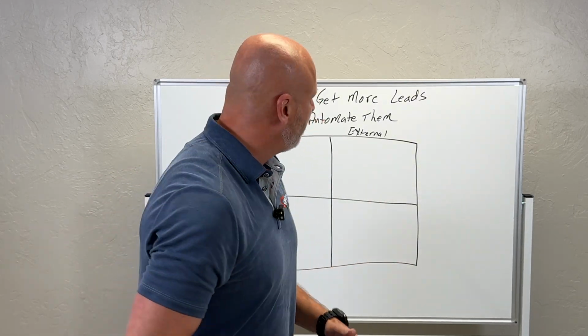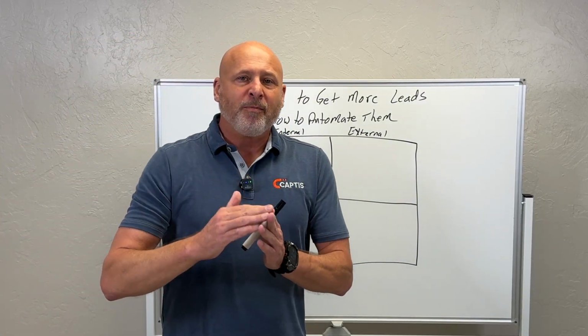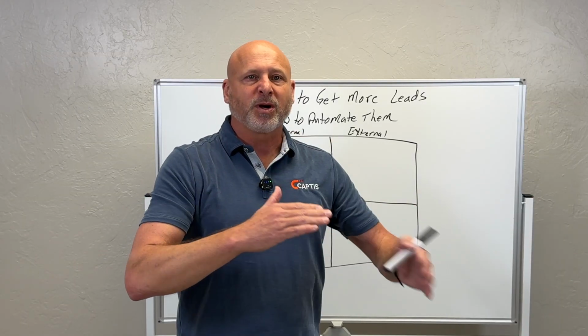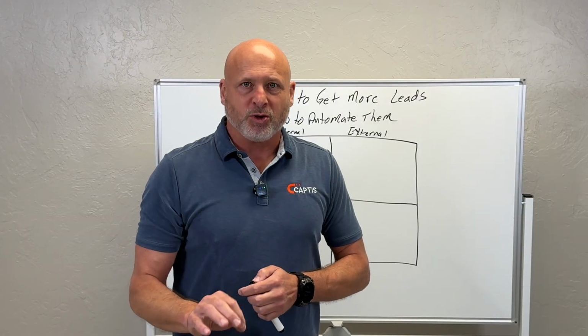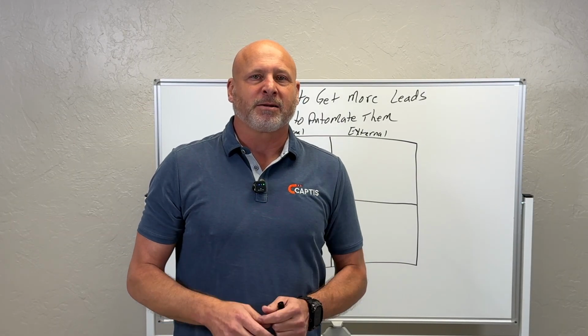And I'll go into the description of all of these. So one-to-one internal would be a one-to-one message or communication either by phone, text, email, Facebook, whatever it is. With one-to-one internal, these are people who know you. These are the people that you have a direct connection with automatically.